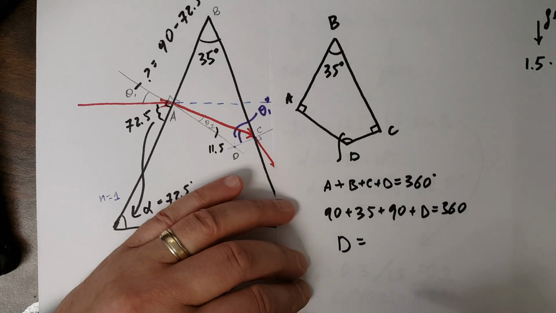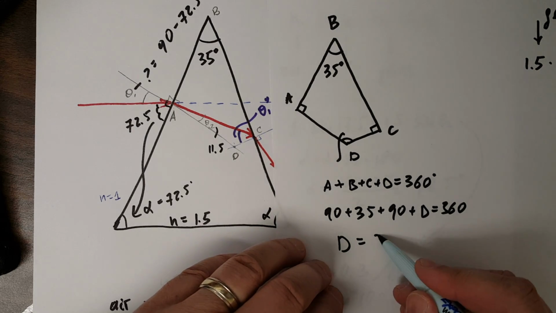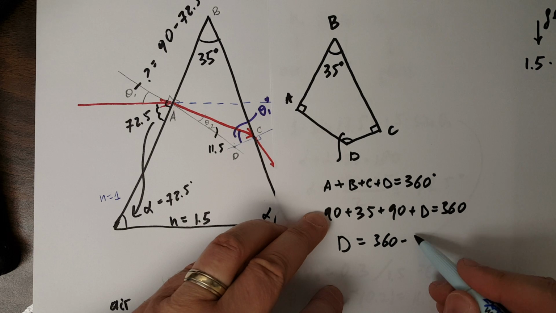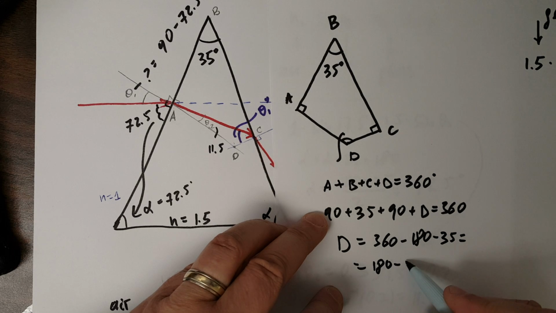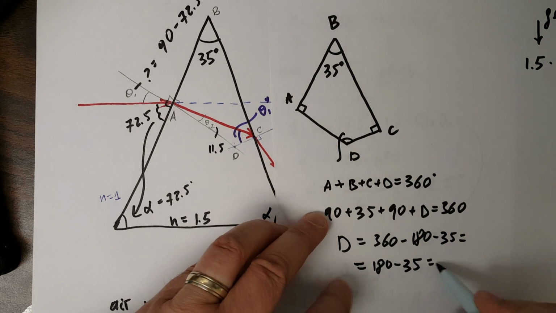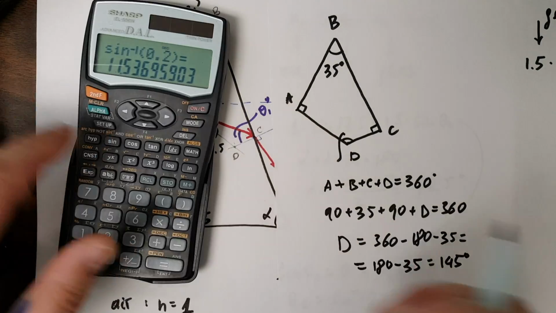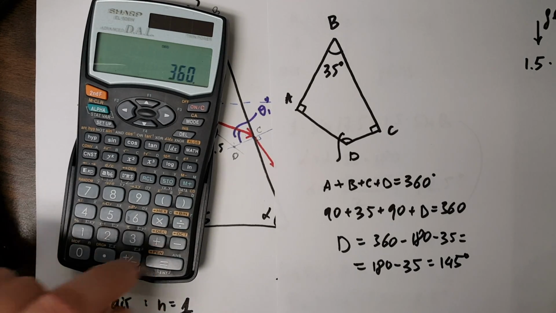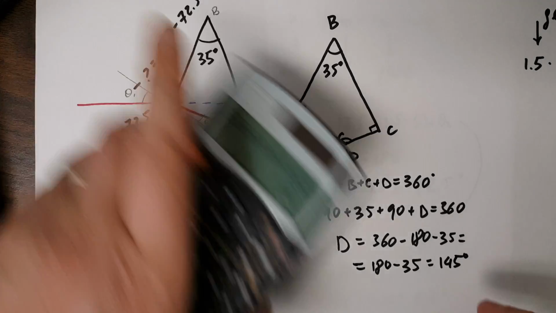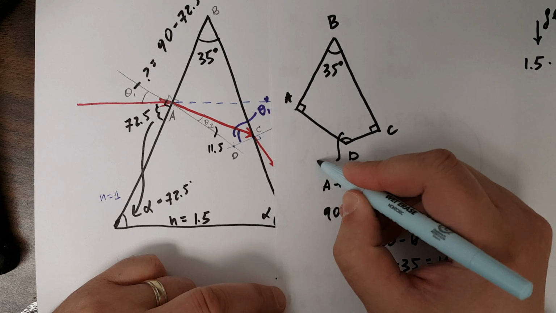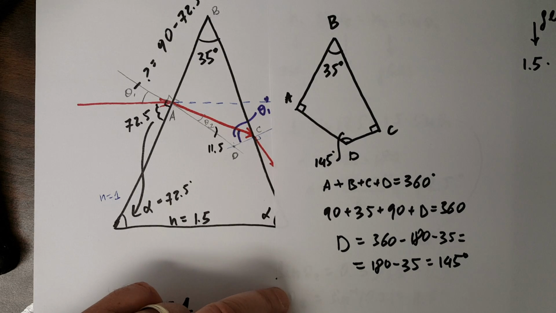So D will be equal to 360 minus 90 minus 90 minus 35. So that's going to be 145 degrees. Yeah. Check. 360 minus 90 minus 90 minus 35, 145.